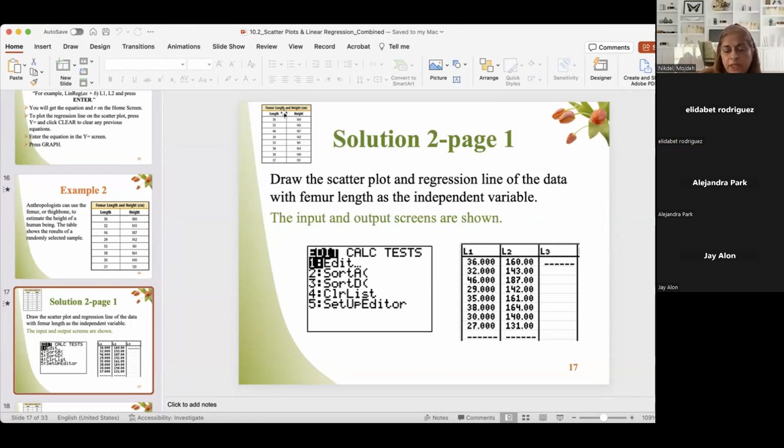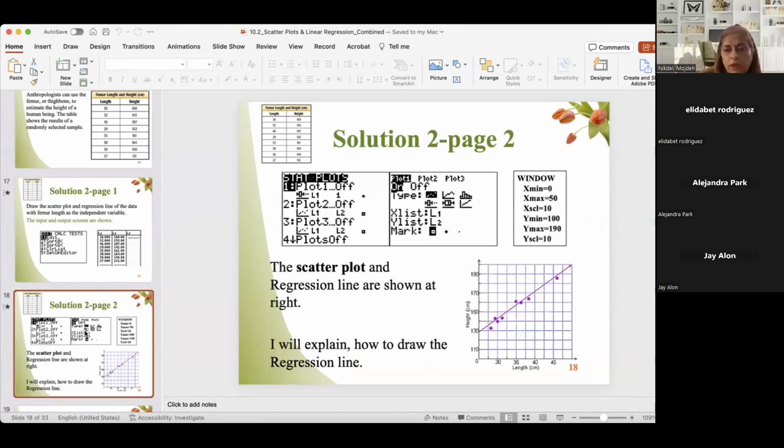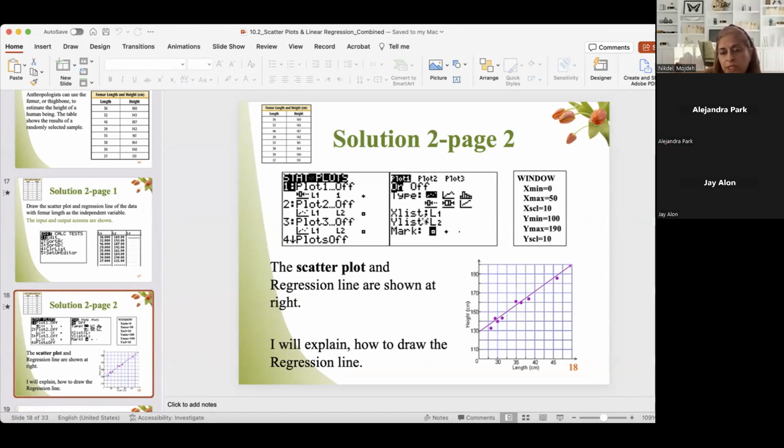That is the table that I gave you. Here your X values, Y values under list 2. Scatter. You don't have to go to stat plot all the time. When your stat plot is on, it will be on.